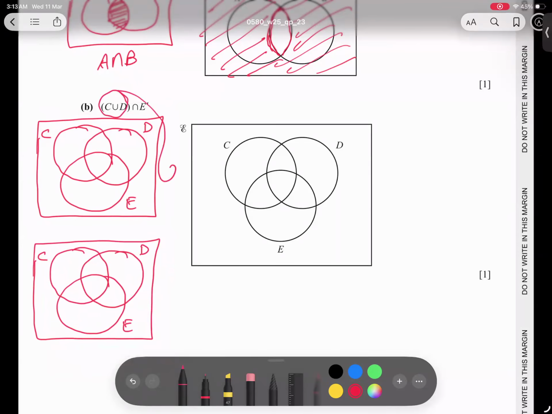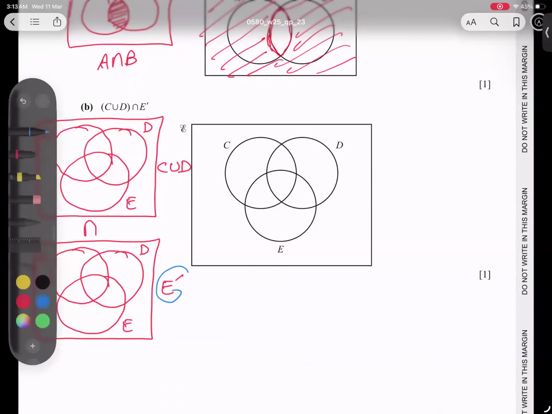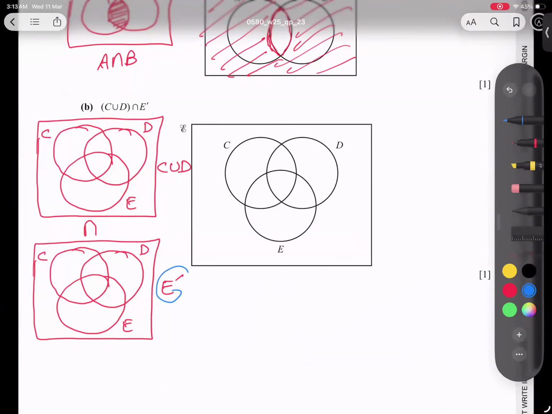C union D, I'm writing here. E complement, I'm writing here. And this middle sign, I'm writing here. I think the idea is clear. What does E complement mean? E complement means except the circle of E. Inside, this is called E. But he said no, don't come inside, stay outside. So this is called E complement.